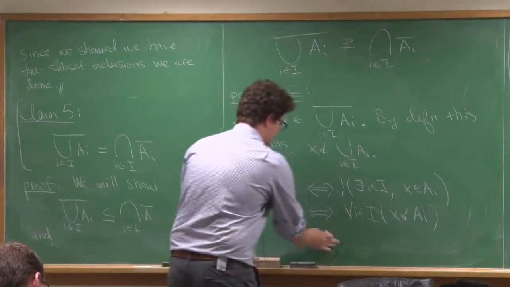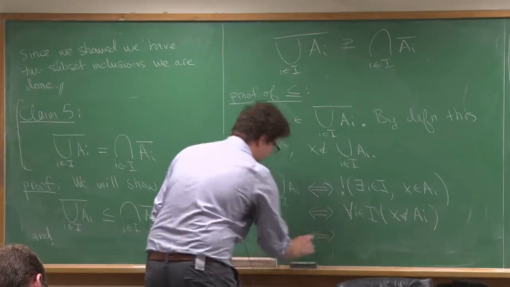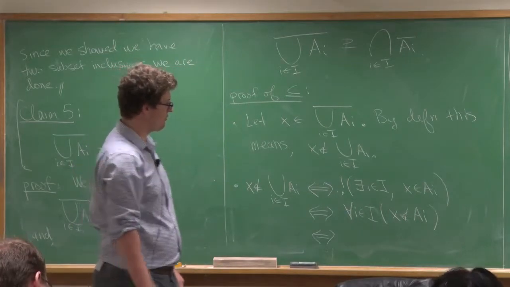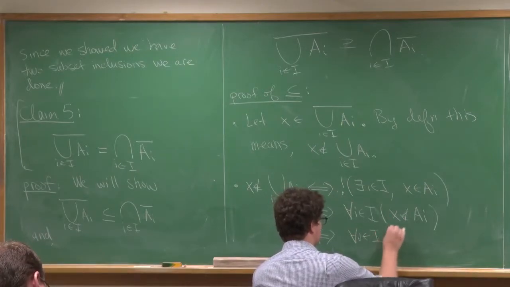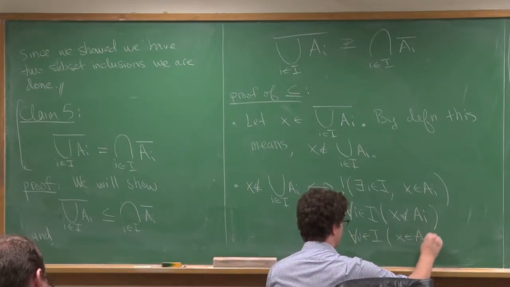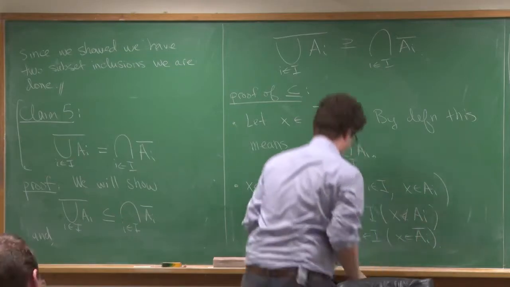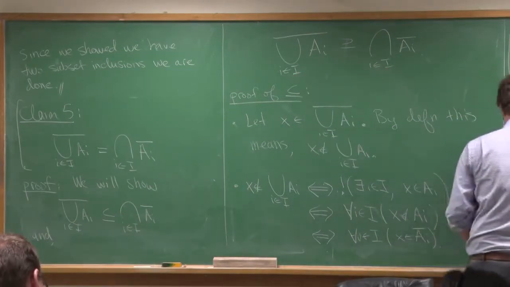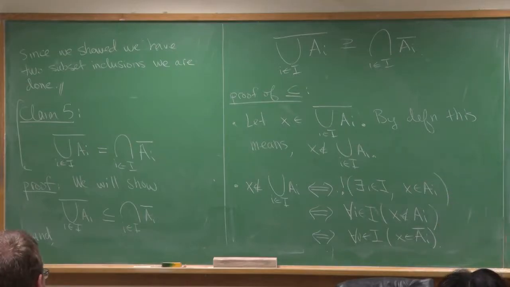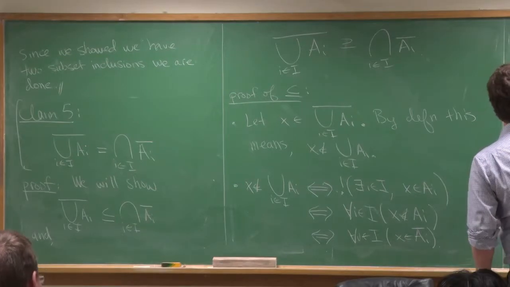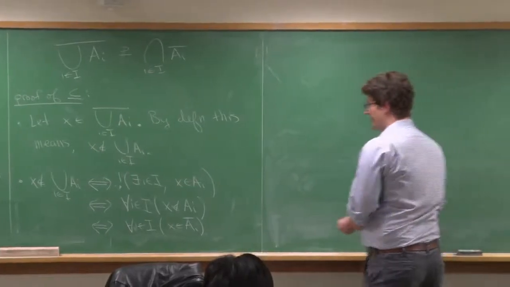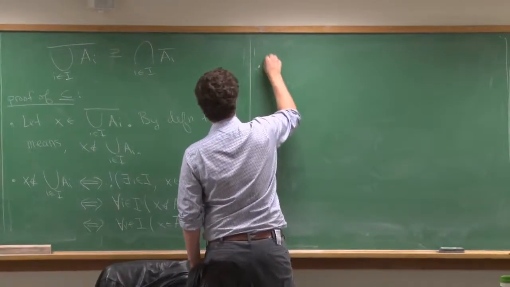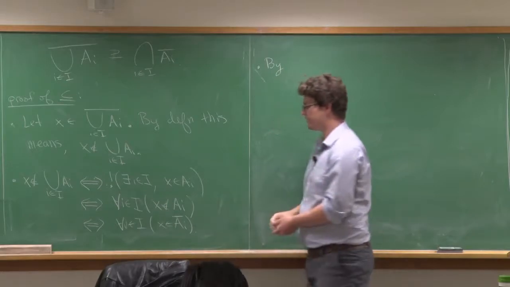Okay? And this statement is equivalent to the following statement: for all i in I, x is an element of A_i bar. Okay? So by definition, now what do I do here? So what am I going to say?